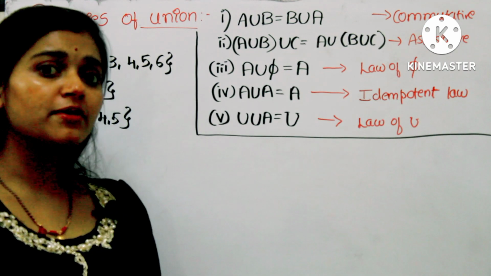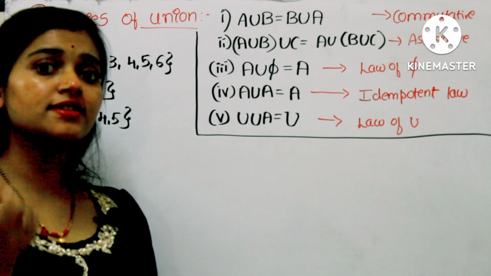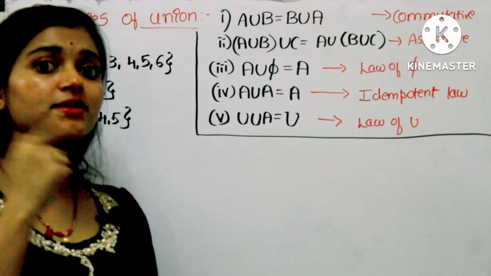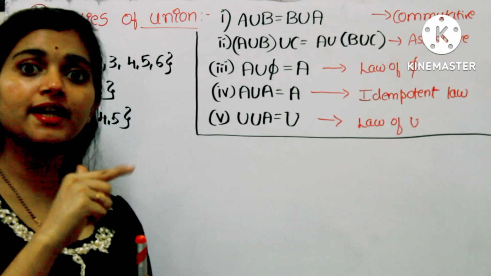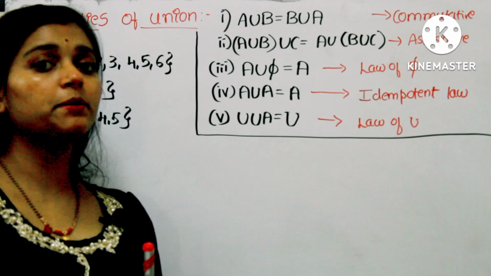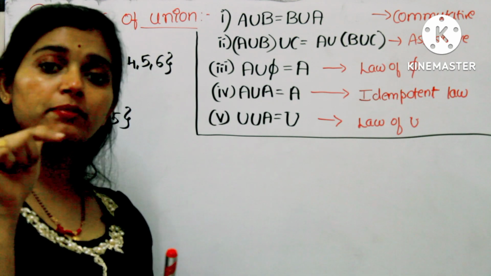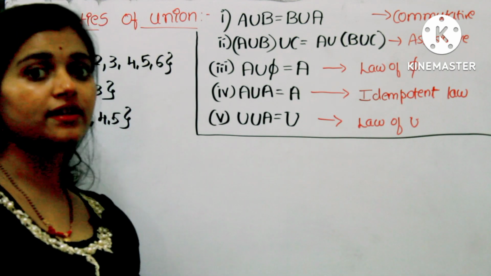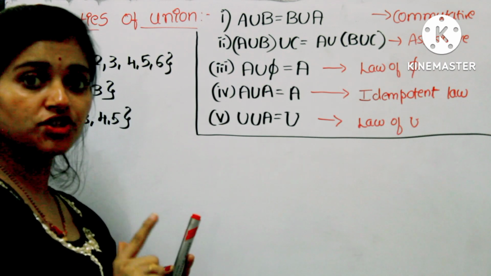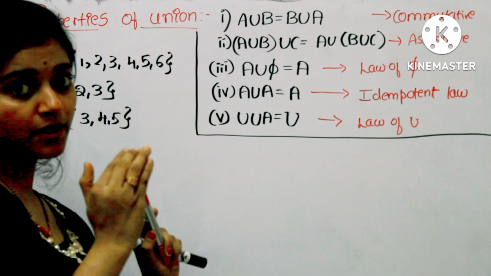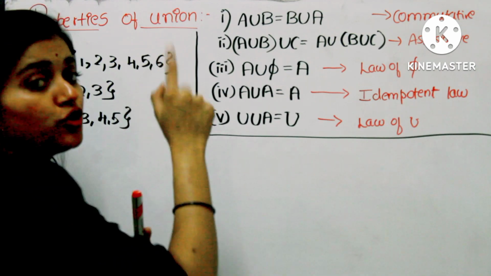In earlier classes in addition, A plus B is equal to B plus A, and in the associative property, A plus (B plus C) equals (A plus B) plus C, correct? The same holds here, where instead of addition you replace plus by union.